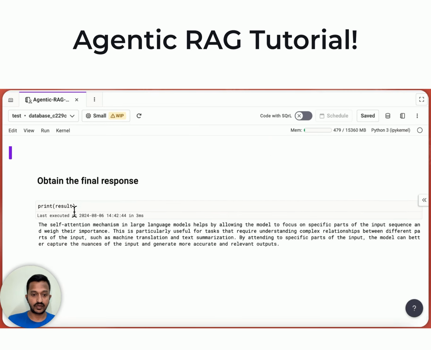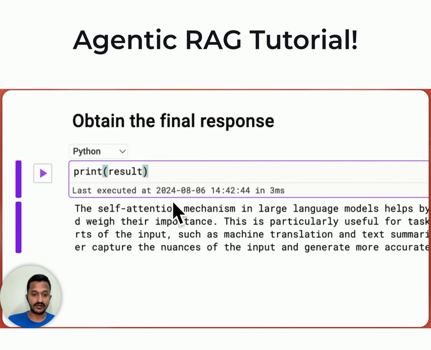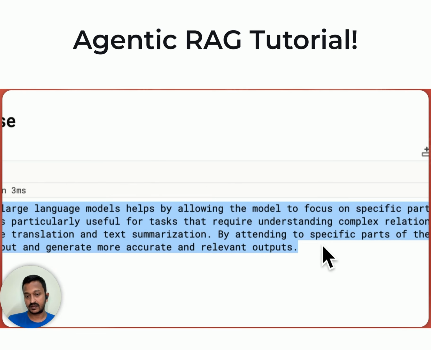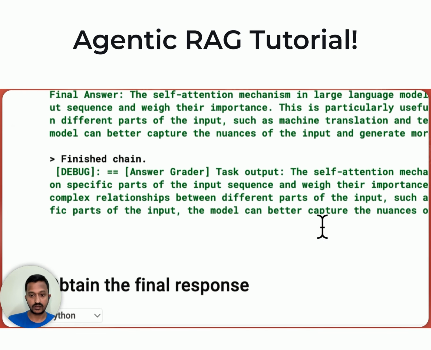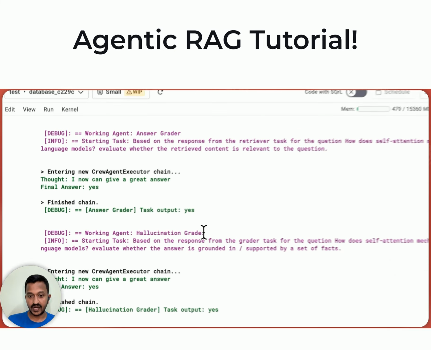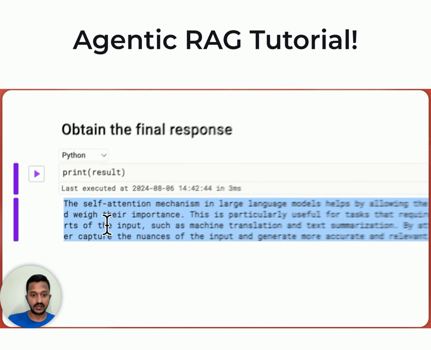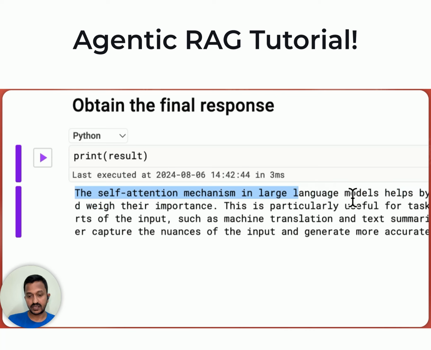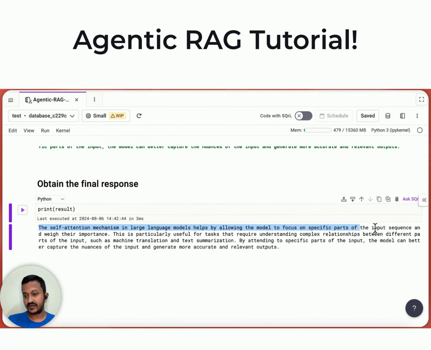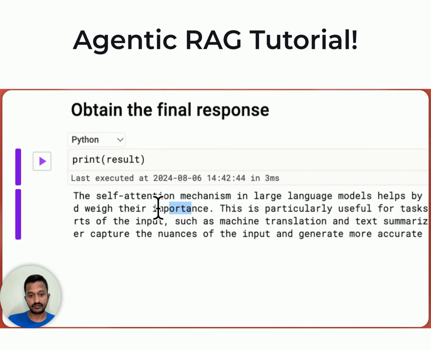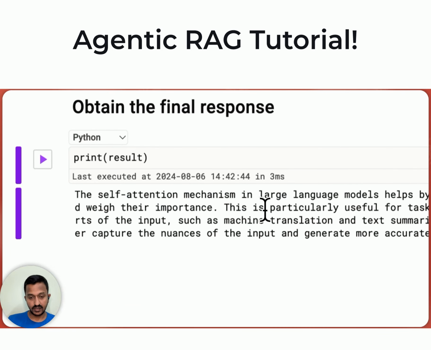And once you run, hey, print the final answer. As you can see, it basically prints the final answer back to us for our question, how does self-attention mechanism help large language models? The self-attention mechanism in large language models helps by allowing the model to focus on specific parts of the input sequence and weigh their importance.